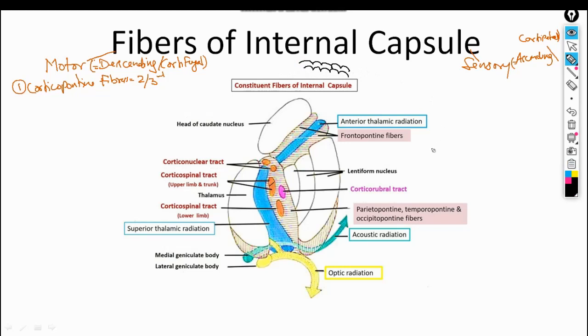Here, the cerebral cortex of the parietal lobe, and here the cerebral cortex of the temporal lobe, and here the cerebral cortex of the occipital lobe.